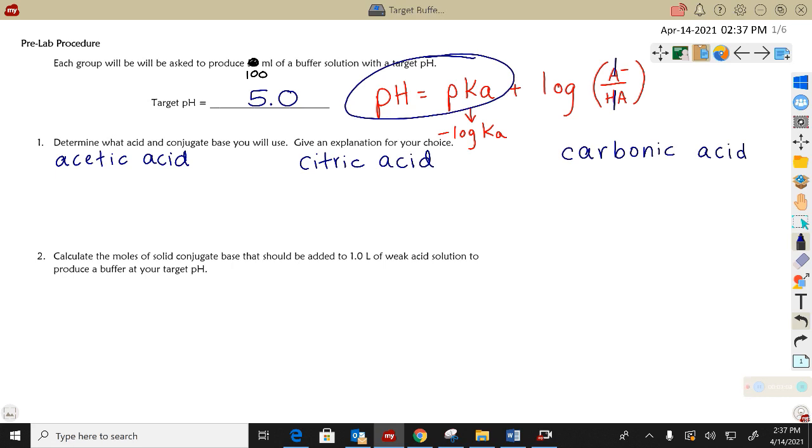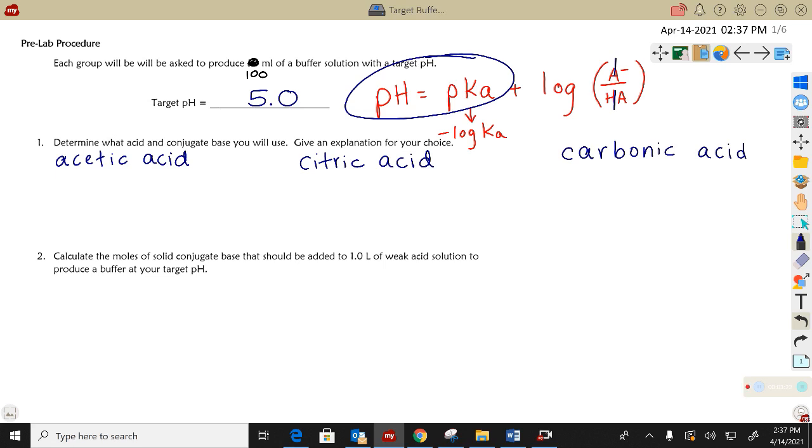A 1-to-1 ratio of your weak acid and conjugate base is a good place to start. Let's say we had a 1-to-1 ratio. Then if I take the negative log of the Ka for these 3 weak acids, where would I be at? What would I get for a pH?